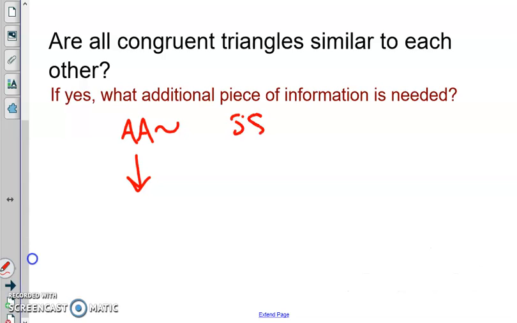For side-side-side, if triangles are similar, for triangles to actually be congruent, what we would need is that the corresponding sides have a scale factor or zoom factor of 1. As long as the scale factor between corresponding sides is 1, that means the triangles are the same size, right? And that means that all the angles will also be the same measurement.